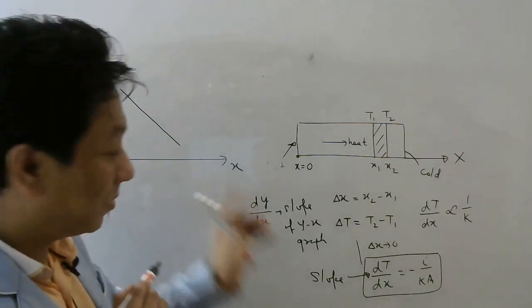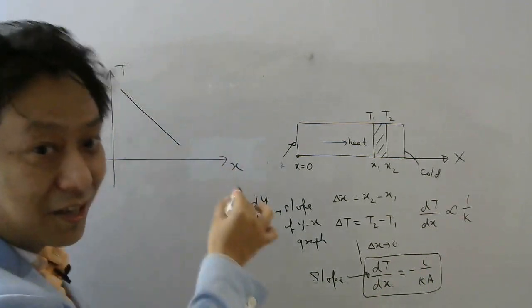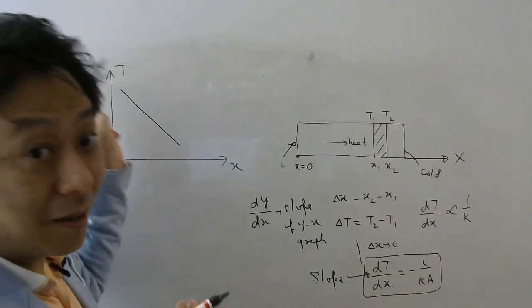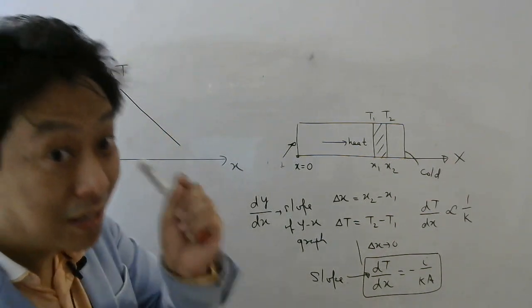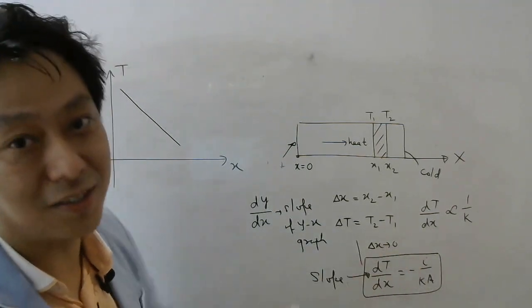Why is it coming like this? Because it is negative and it is constant, so the graph will be a straight line. So this is how the graph will look if you want to plot temperature versus distance graph in steady state. Remember, only in steady state this heat current is constant, right?